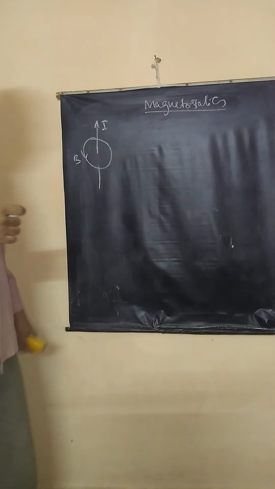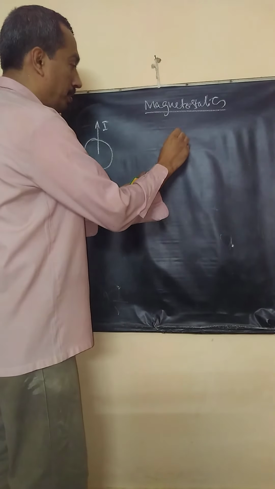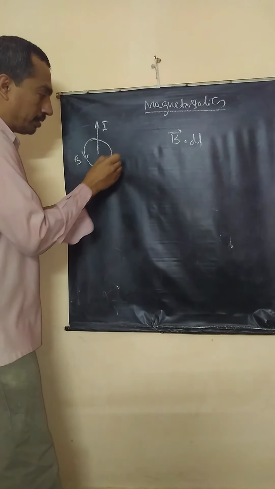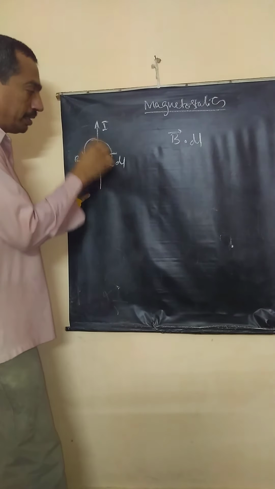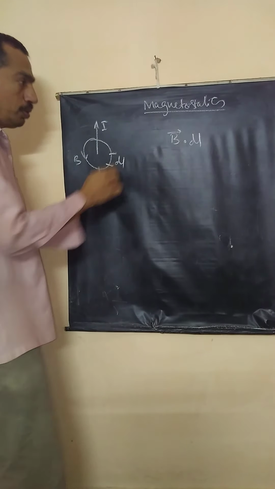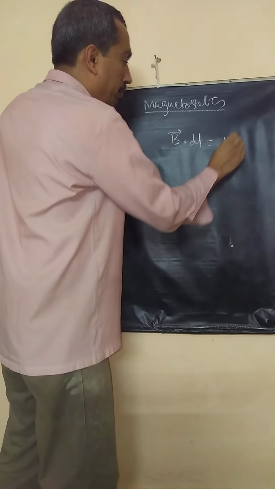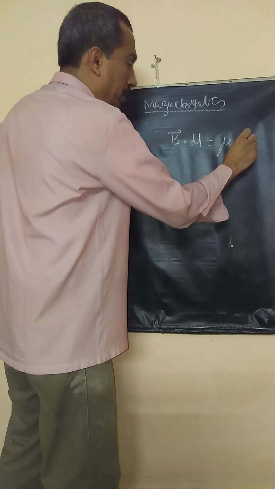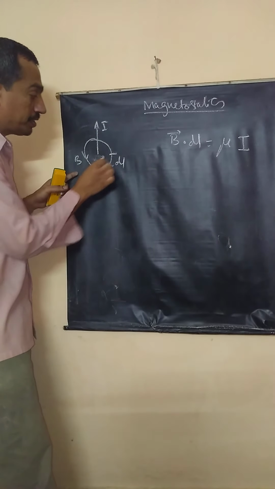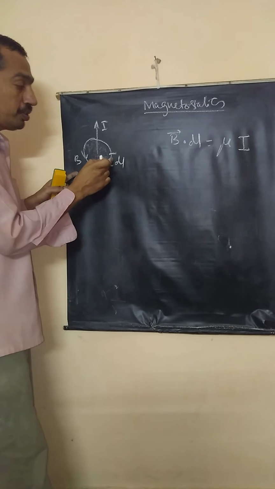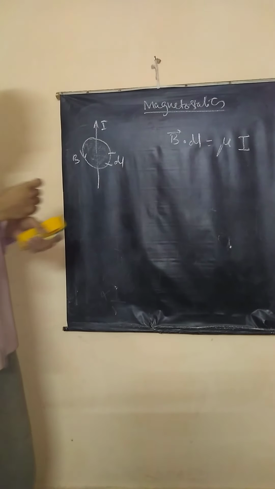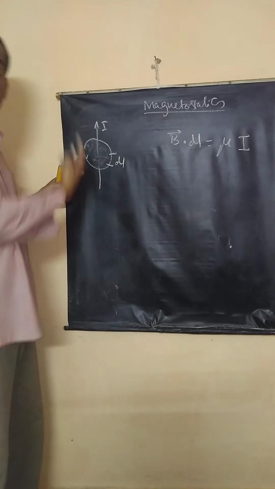Ampere's law states that the line integral of the magnetic field around a closed path, where dl is a small element on the path, is equal to mu times the permeability constant times the current passing through the surface enclosed by the path. Do you understand? The current is piercing through the surface.